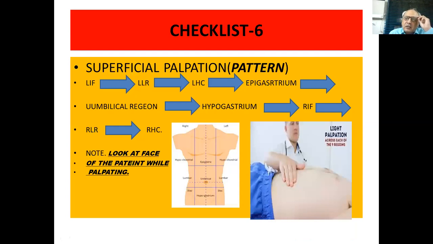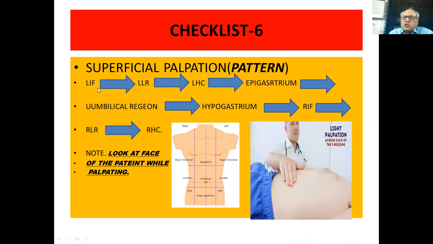After asking whether the patient is having pain in any part of the abdomen, you will start the superficial palpation. This is a scheme in which you superficially palpate your patient.